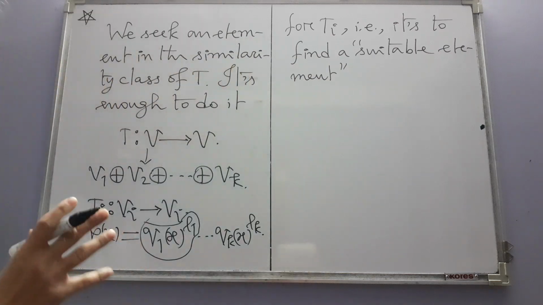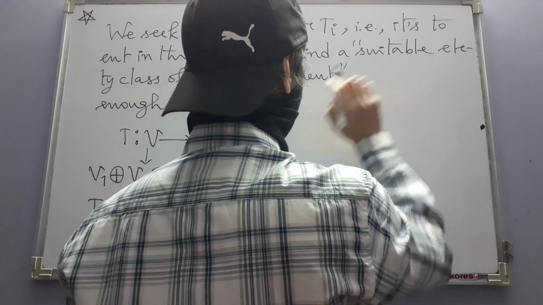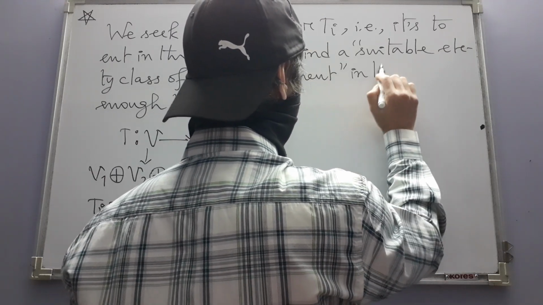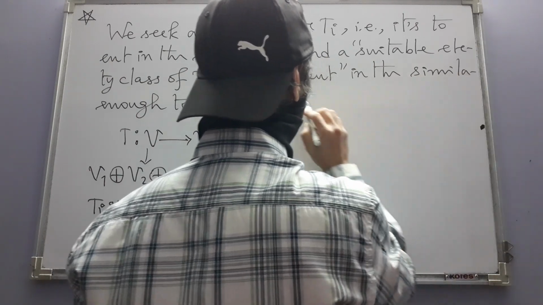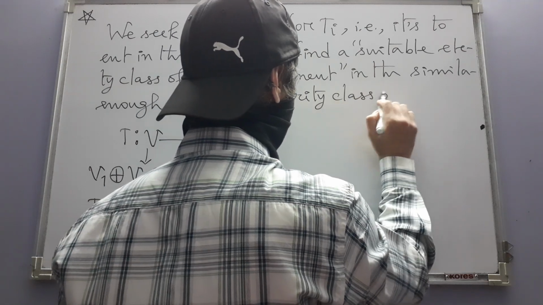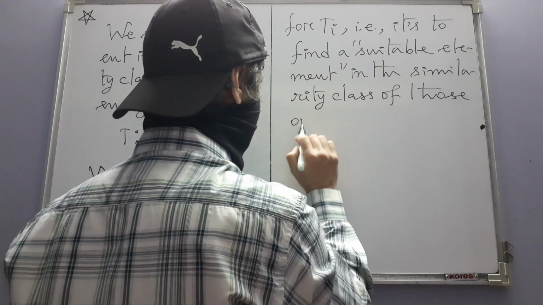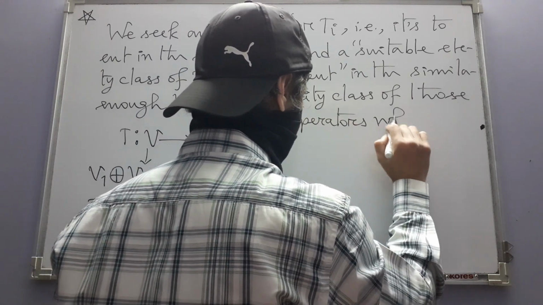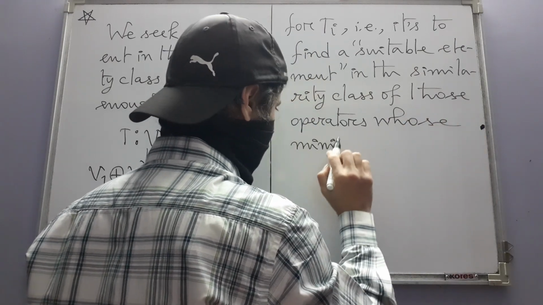We need to make it clear what suitable element even means. But we understand that it's enough to find a suitable element in the similarity class of those operators whose minimal polynomials are somewhat special.